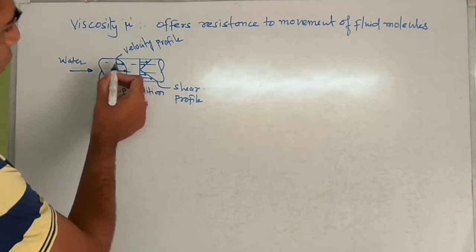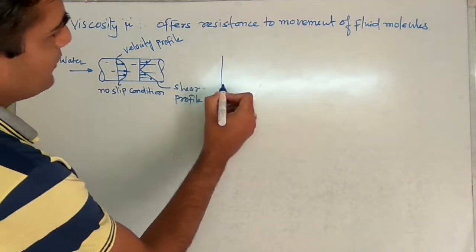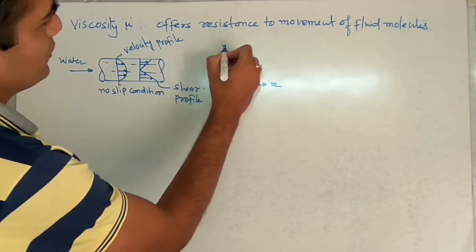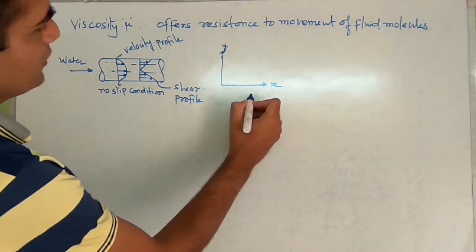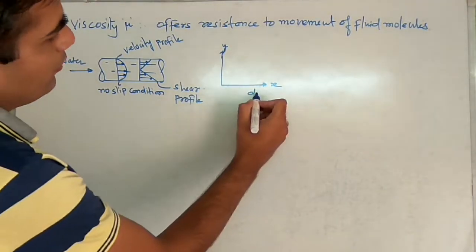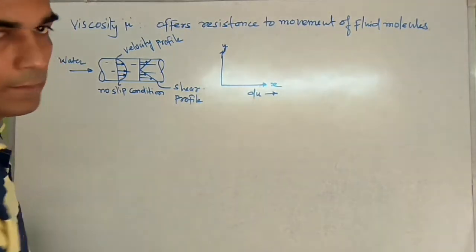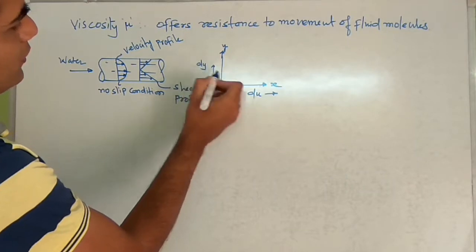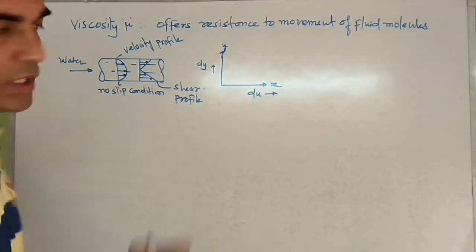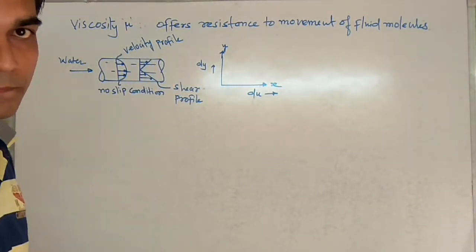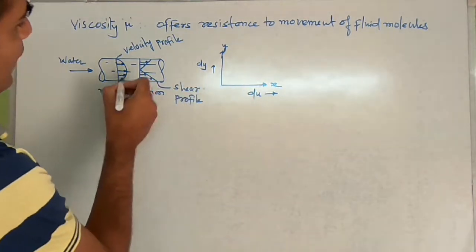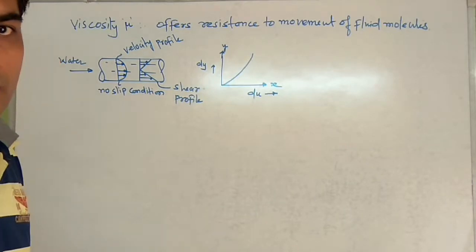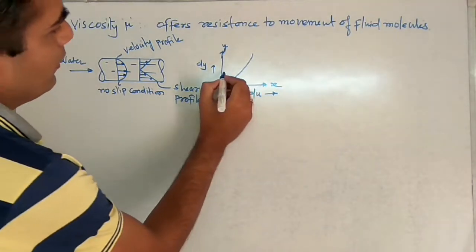Now if we see the velocity profile on x and y axis, this is x axis, this is y axis. On x axis we represent the change in velocity, and on y axis the change in distance. The profile, as we have shown, we are drawing here.